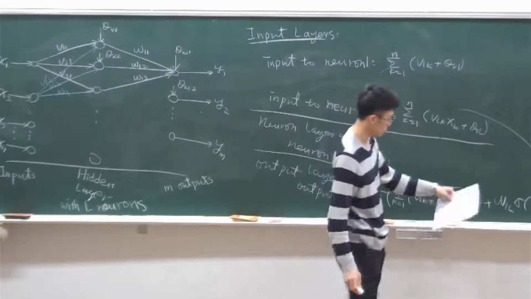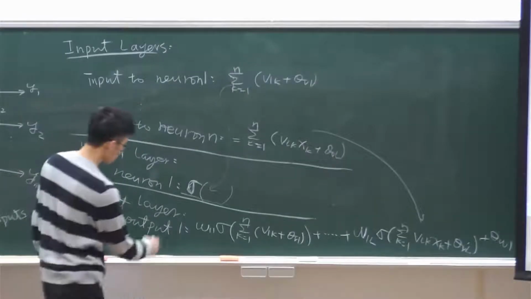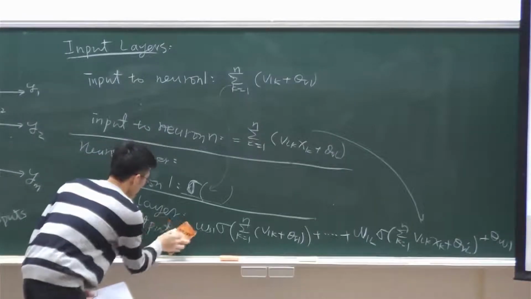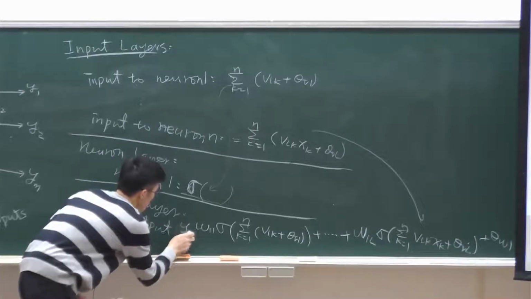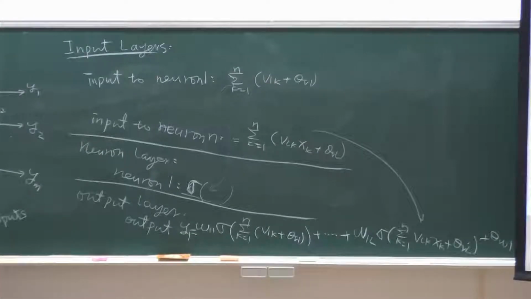Here are L terms plus the offset. So this is output 1, which is Y1. Y1 is equal to this.